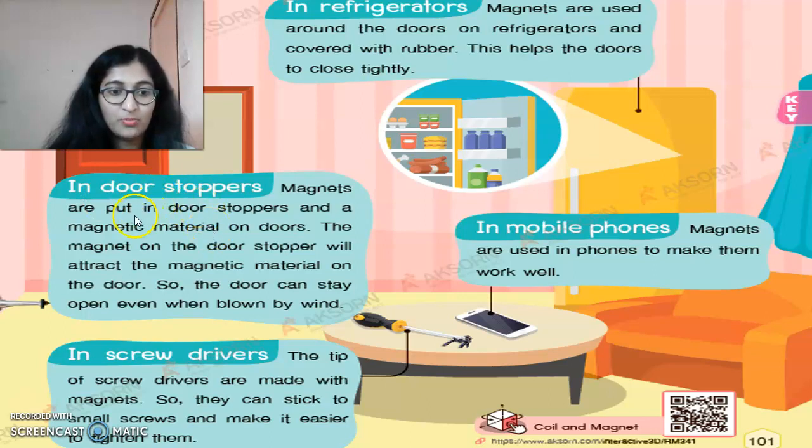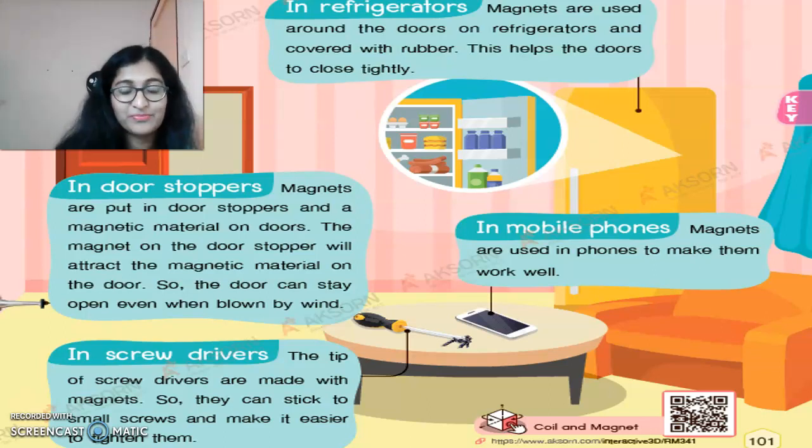Magnets are put in door stoppers so that they will attract the magnetic material in the door, so the door will not swing shut if there is a wind. So you can find magnets in door stoppers.